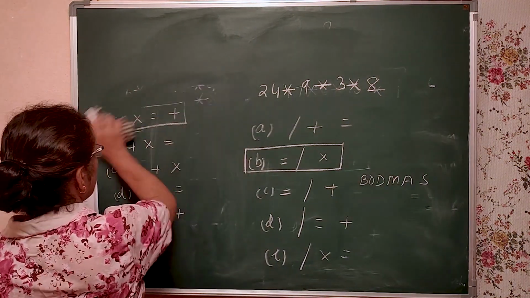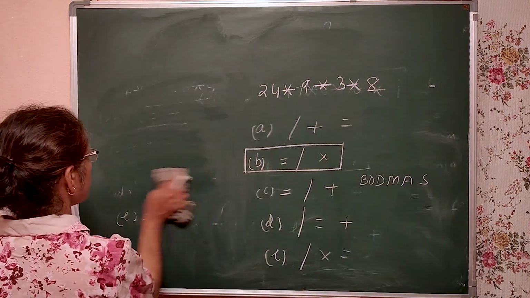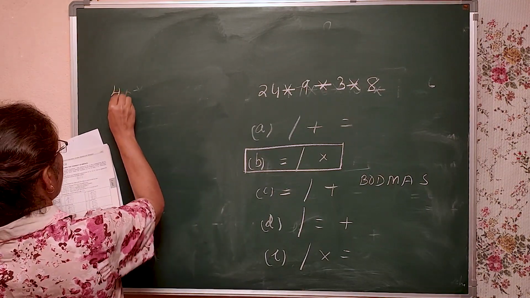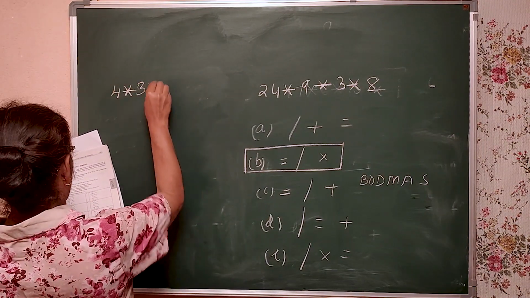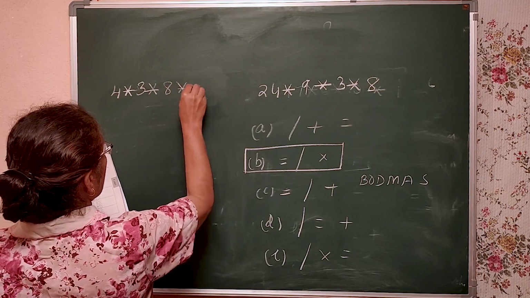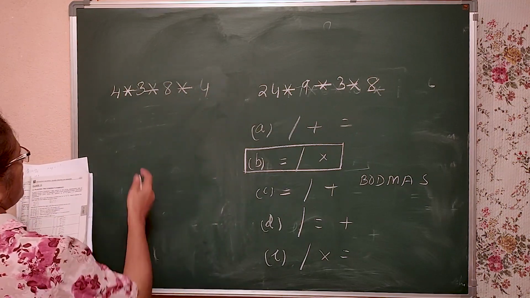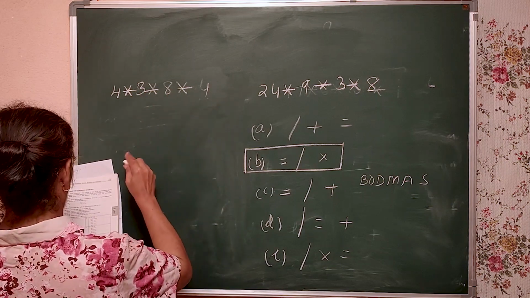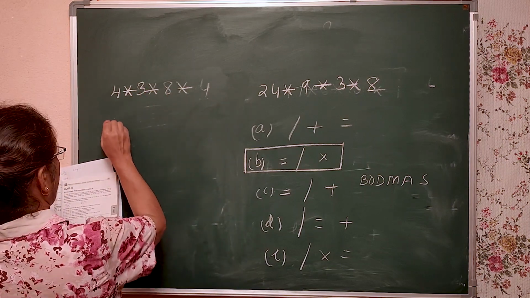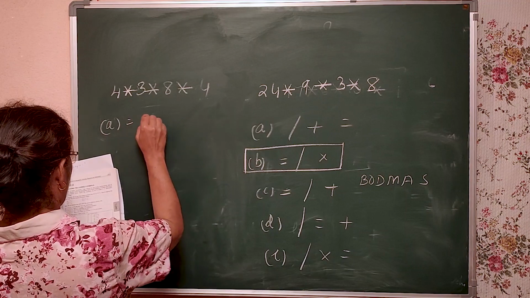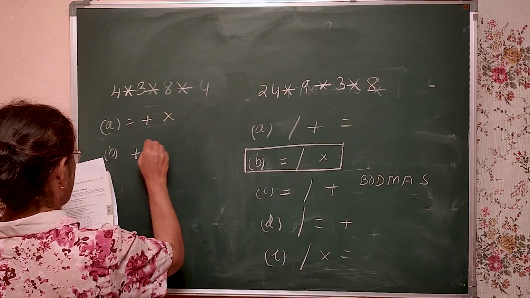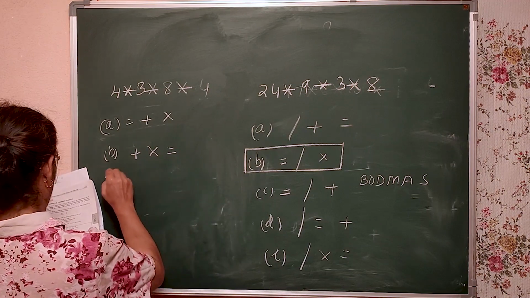4 star 3 star 8 star 4. As soon as you look at it, 4 3s are 12. 8 plus 4, 12. Okay, let us see the options. A: is equal to, plus, into. B: plus, into, is equal to.